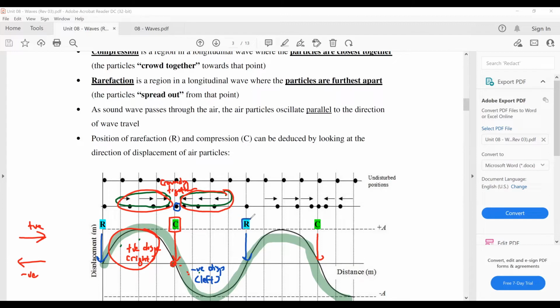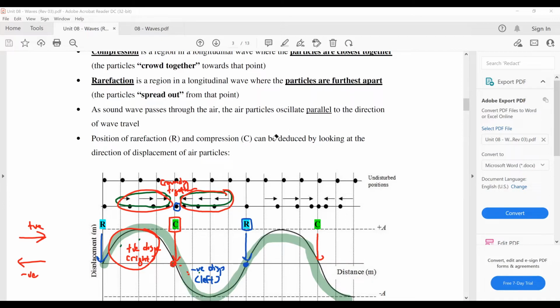You will also see a similar logic. So for this part here, when I want to see whether it's compression or refraction, I will still look at the displacement of the particles on either side of that point. So here I already mentioned that it's negative displacement. All the particles are moving towards the left. All right.